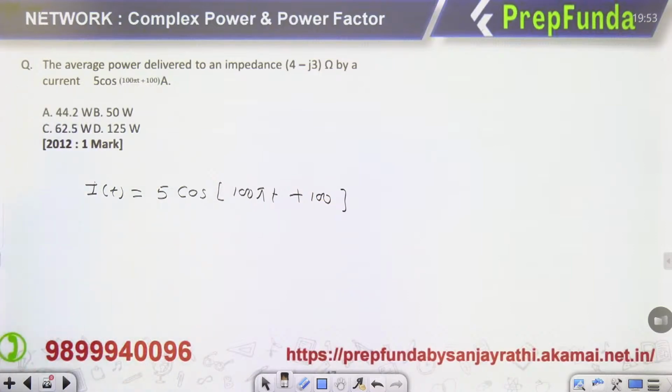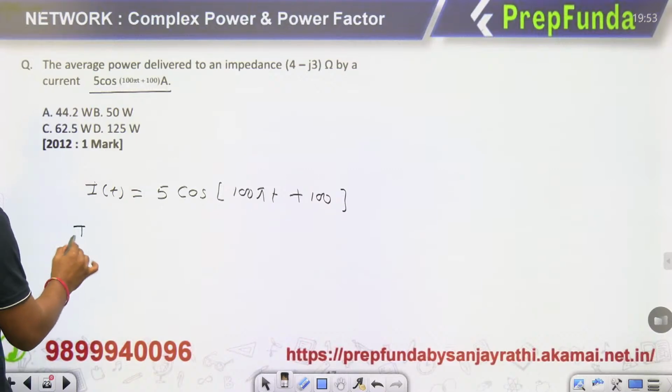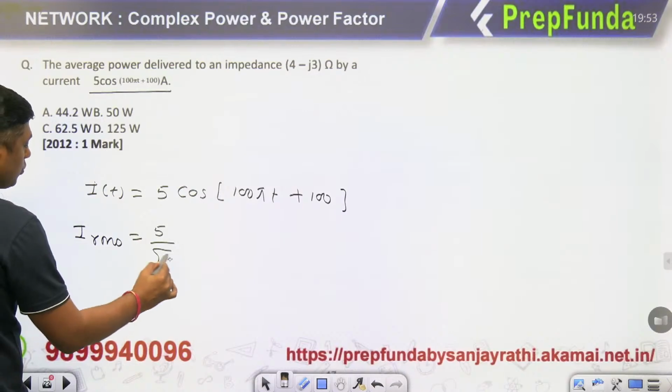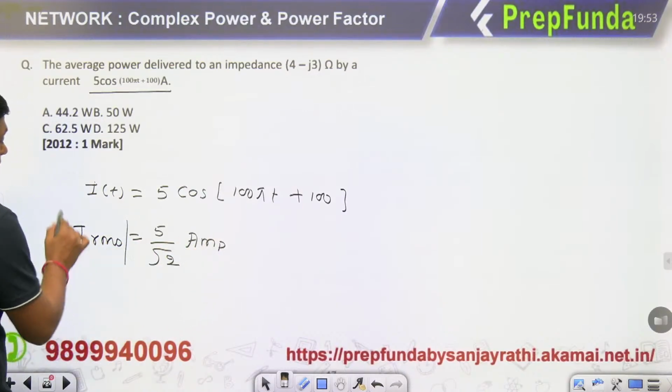So average power delivered to an impedance 4 - j3 by a current. Okay, then already I have said, what is this? Is the current. So what is the 5? Peak value. So what is the RMS value? Peak divided by √2. This is, I have just given the magnitude of that, right?